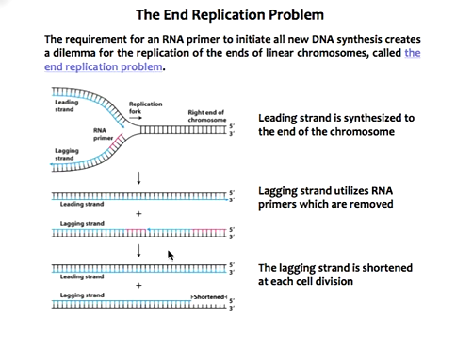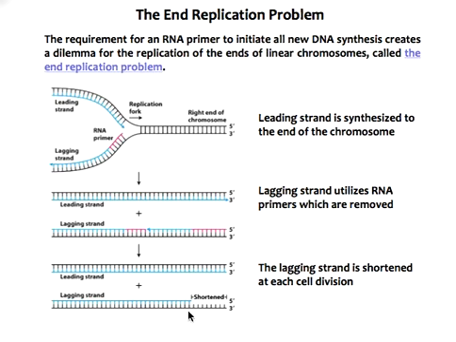However, what happens at the lagging strand is that there will be multiple RNA primers, and those primers will be removed. But at the end of the chromosome, when this primer is removed, the replication machinery cannot add any more nucleotides here, which means this portion at the end of the chromosome remains blank. So there will be a single-strand overhang at the end of the chromosome, at the lagging strand.